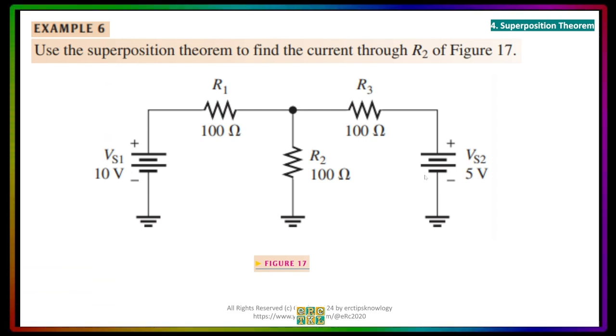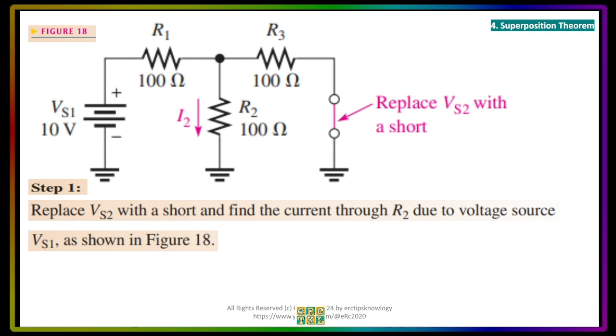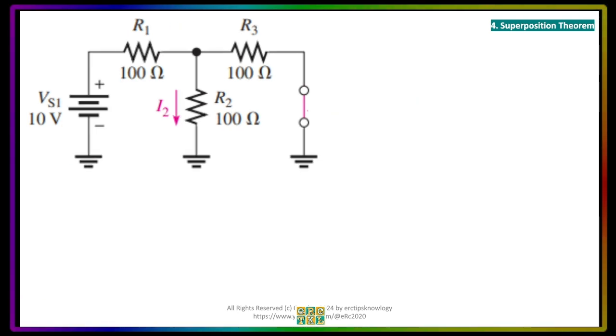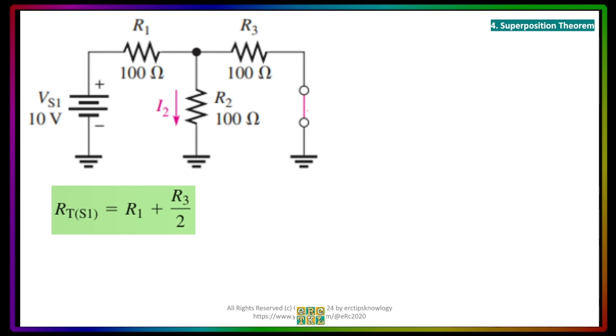Again, what's the first step? Yes, we have to replace the voltage source 2 with a short wire or shorted wire. And we will analyze the circuit as a series parallel circuit. And we will calculate our R total as R1 plus R2, R3 divided by R2 plus R3. But because this is 100 and this is also 100, remember in the parallel circuits, when the parallel resistors are equal, we can just divide by the number of them.